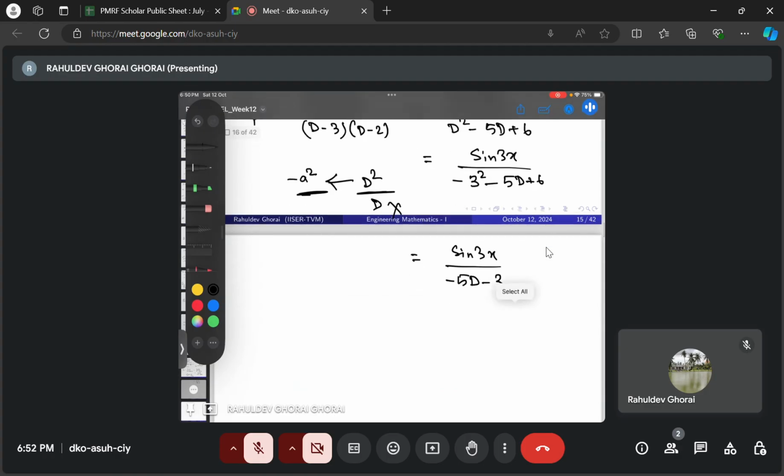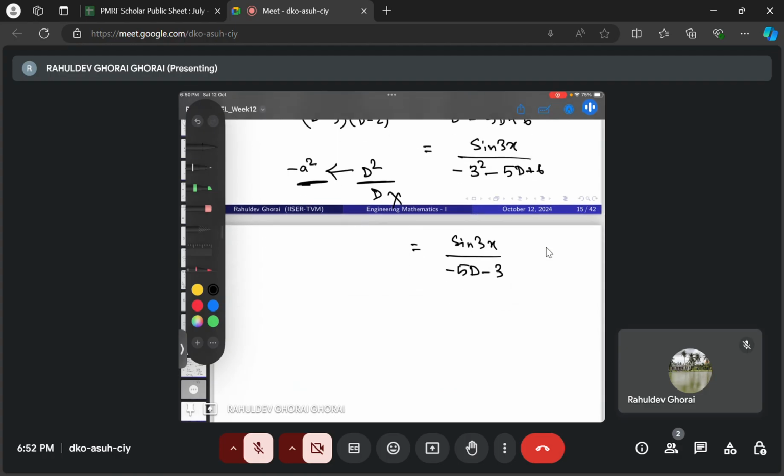That's why now I make it as minus 5d plus 3, sine 3x over minus 5d square minus 3 square.